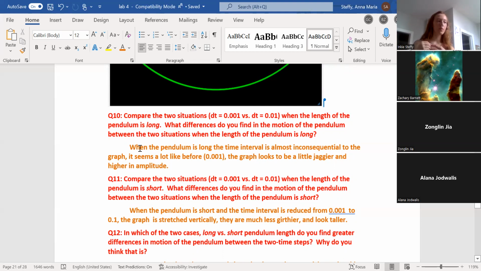How it changes perceived motion might be something, but would a change in time step change actual force? Smaller would make it more accurate. We know that. It's interesting.